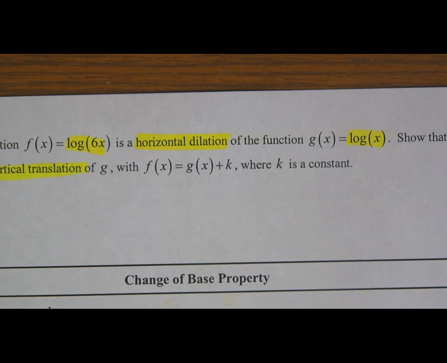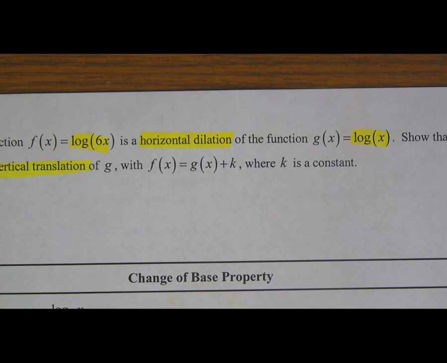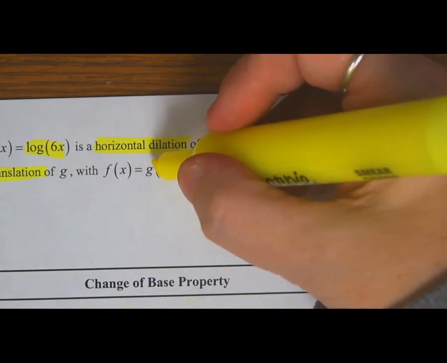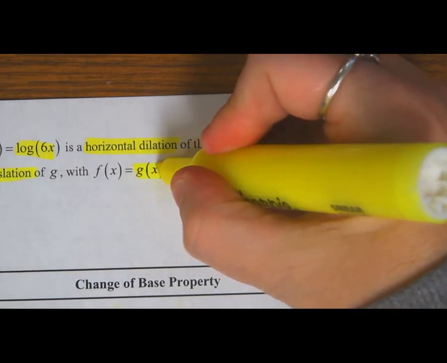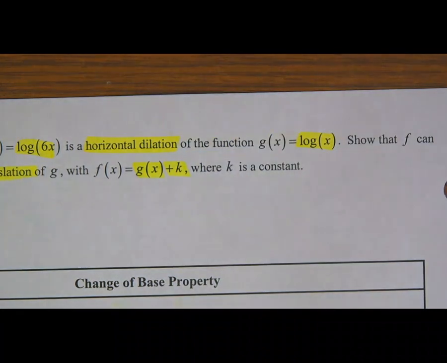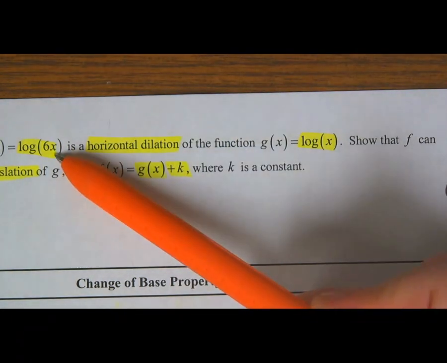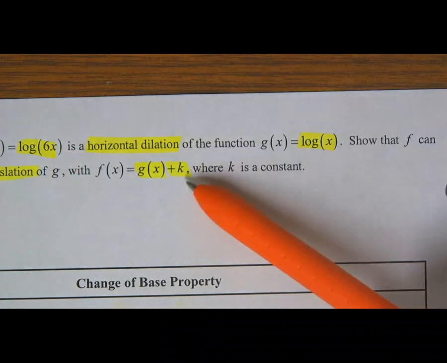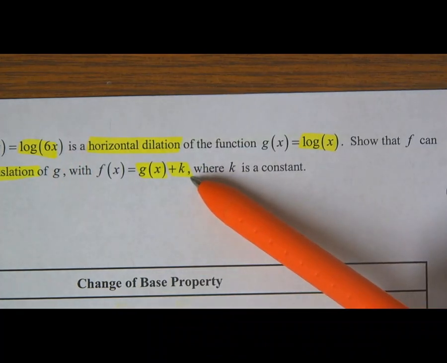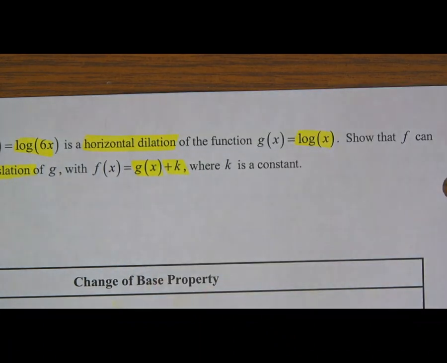So I promise you we're just going to use log properties to show that f of x can also be written as the g of x function plus some number, because that k that moves a function up or down, we're supposed to show that that log of 6x can also be written this way, log of x plus some number. So here's what that's going to look like.